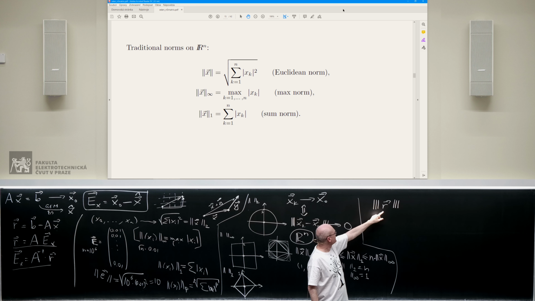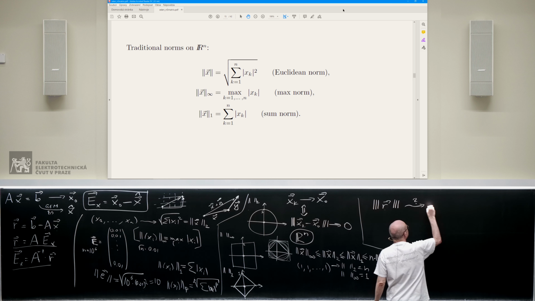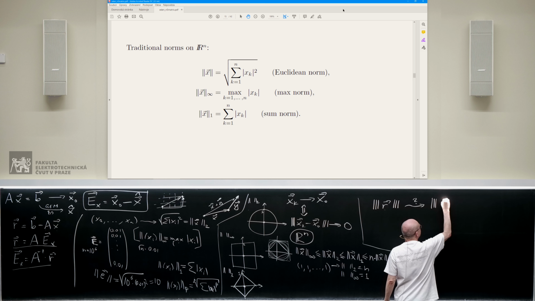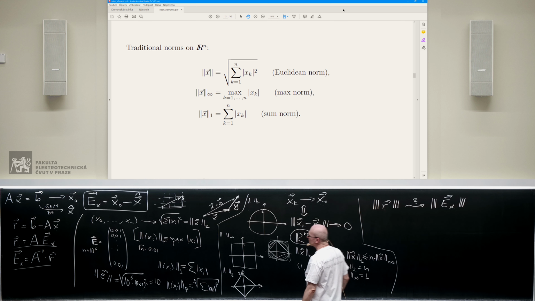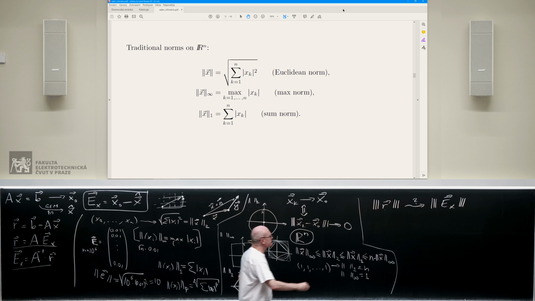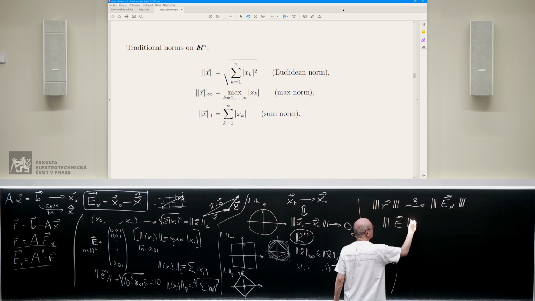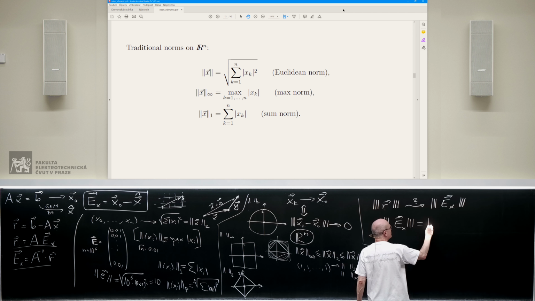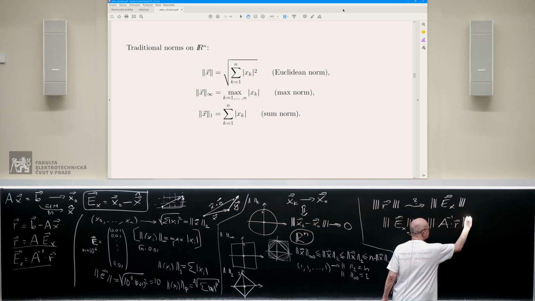I can measure the magnitude, the norm of the residual. And I'm asking, can I get some information about the norm of the error of my solution? And I can apply norm to this equality, for instance, and I find that the norm of the error is the norm of A inverse times the residual.